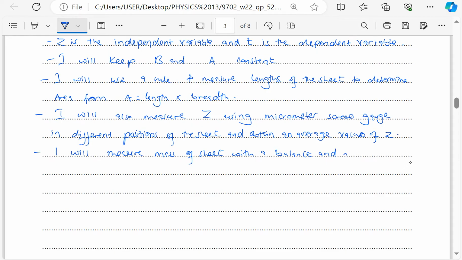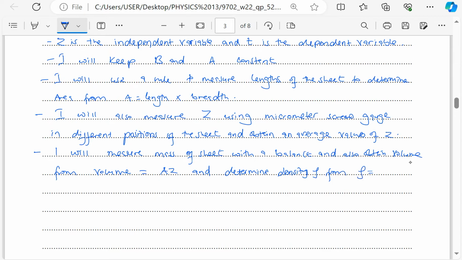And also obtain the volume. Since I have the area, volume is going to be equal to cross-sectional area times Z, and determine density rho.